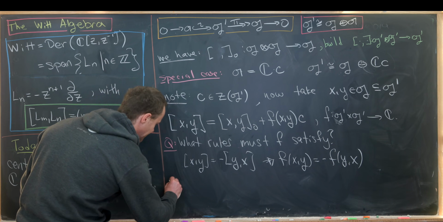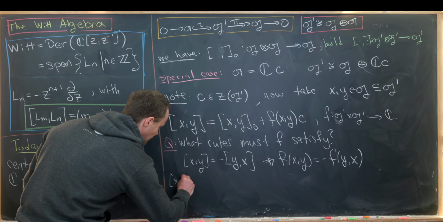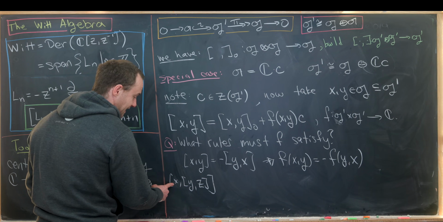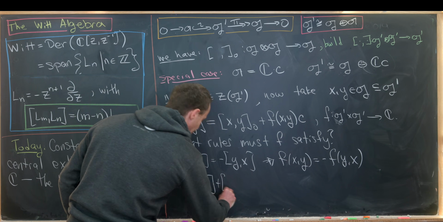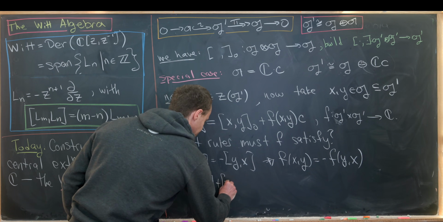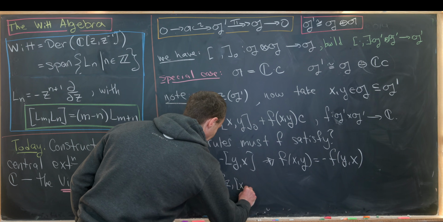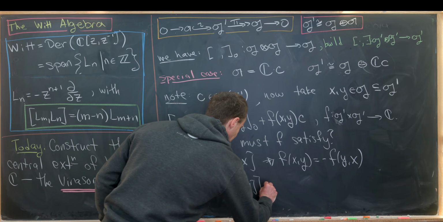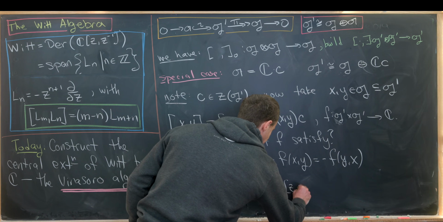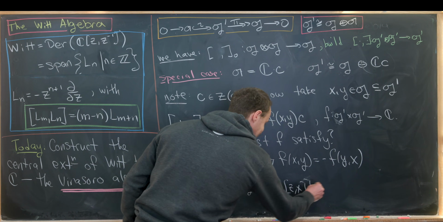Another thing we know is that the Jacobi identity holds. Recall that the Jacobi identity says that bracket x, bracket yz, plus cyclic permutations of that give us 0. So the next one would be z bracket xy, and then the next one would be y bracket zx. So we know that's equal to 0.